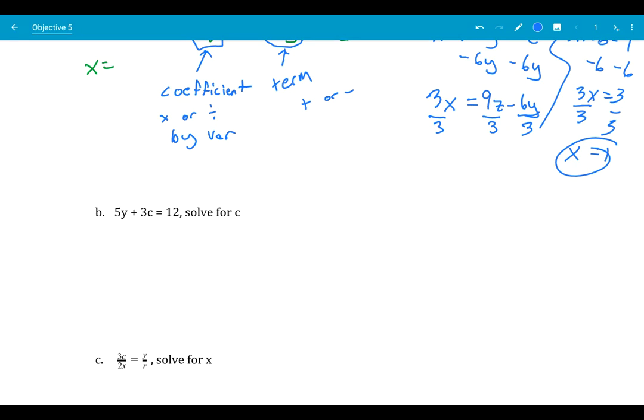So I'm going to divide both 9 and 6 by 3, and I get x equals 3z minus 2y. Very, very similar steps in solving a literal equation versus solving a regular equation.